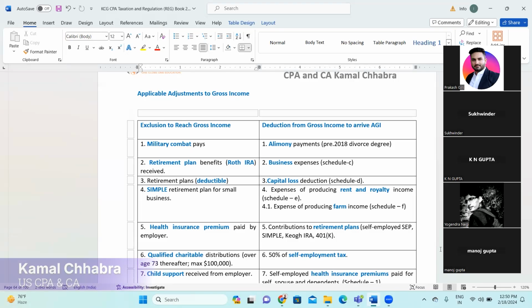But you may encounter cases where alimony is still received or still paid by the taxpayer for a divorce decree approved before December 2018. In that scenario, alimony paid would be part of the deductions.